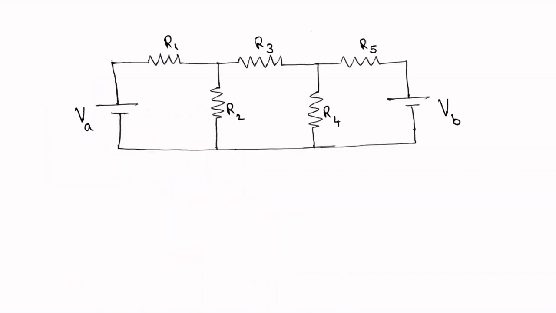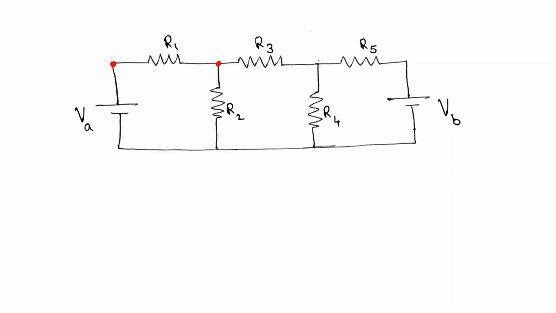Coming to the definition of nodes and branches. A node is a juncture where two or more elements meet together. So let me mark the nodes in this circuit. Here at this juncture, two elements VA and R1 meet together, so it is called a node. Here three elements R1, R2, R3 meet at a juncture, so it is also a node, but it is called a principal node because if more than two elements join at a point, then it is called a principal node.